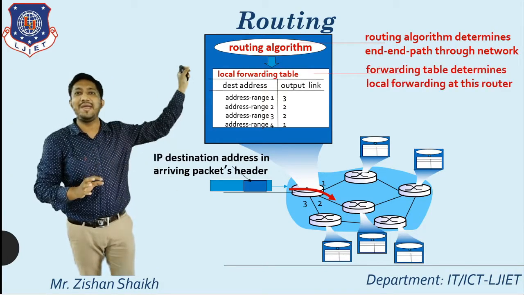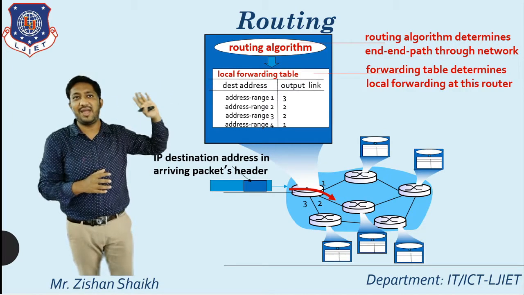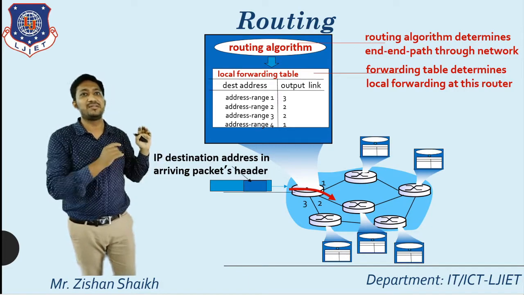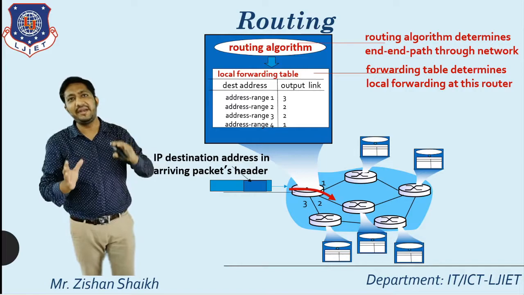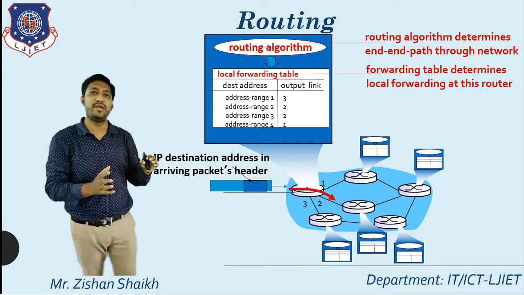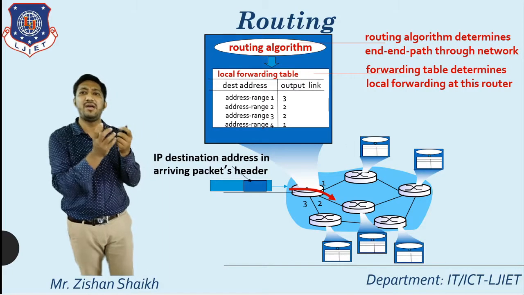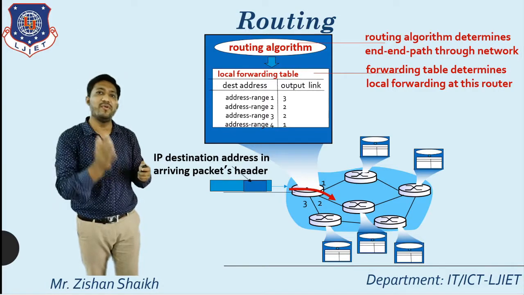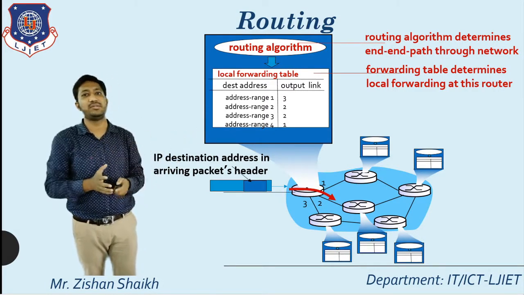So mainly two things are there: routing algorithms that determine the end-to-end path for packets, and the forwarding table that determines the local forwarding from one router to another. This is the basic idea of how packets are processed from one router to another and from source to destination.